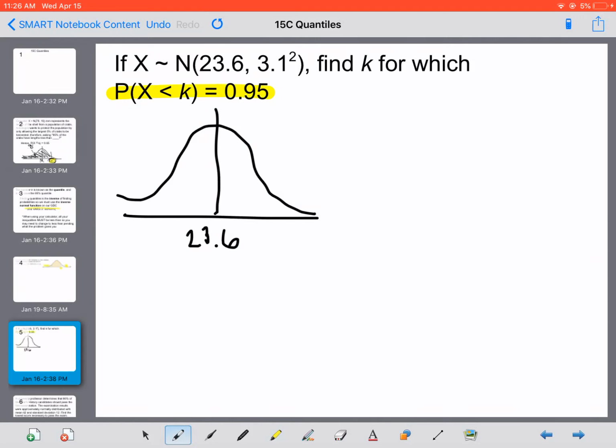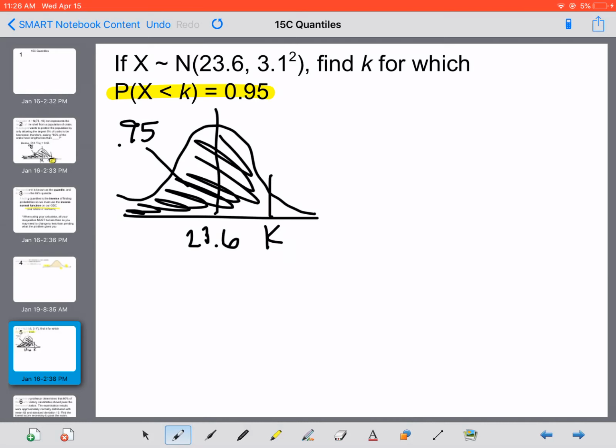Well, 95% is going to fall over here somewhere. This shaded region is our 95%, and I want to find k. So what I'm saying is the inverse norm. I know my percentage, I need to find the k value.